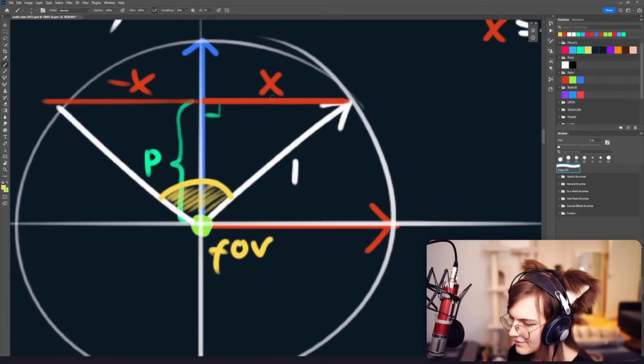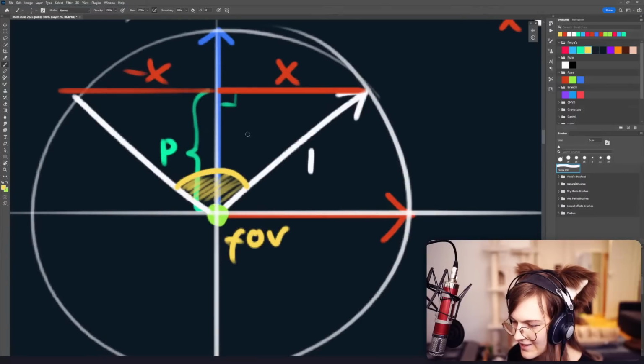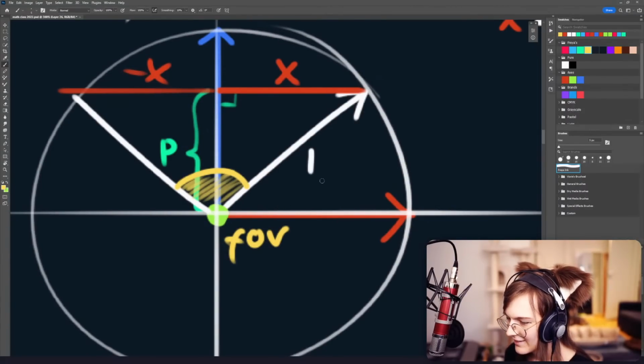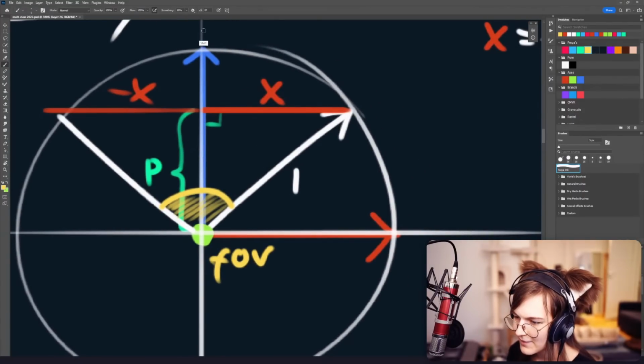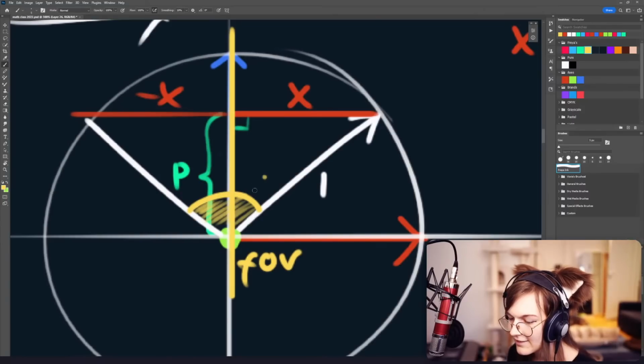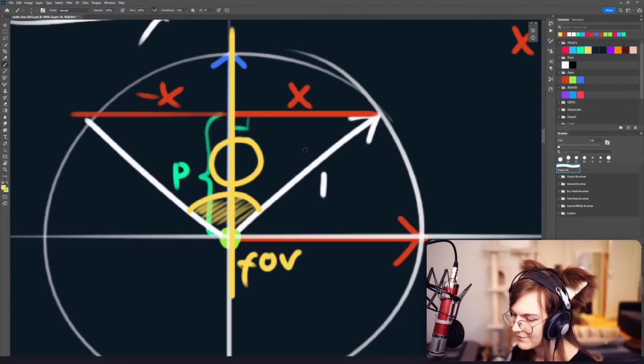We can actually use our trig functions to figure that out. I'm trying to figure out if I should rotate this or not. One of the things we can do is, if you imagine we cut this off here and cut our angle in half, we can use our half angle to get the length of this one.